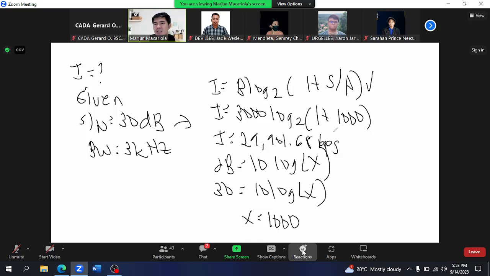And your answer should be in scientific notation, so that is 29.90 kilobits per second. Or kung wala sa pagpipilian, kung multiple choice yung exam, round up to 30 kilobits per second.